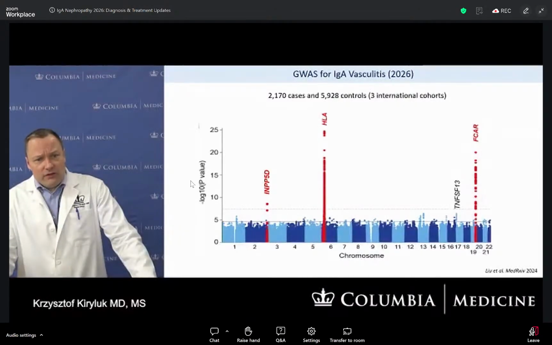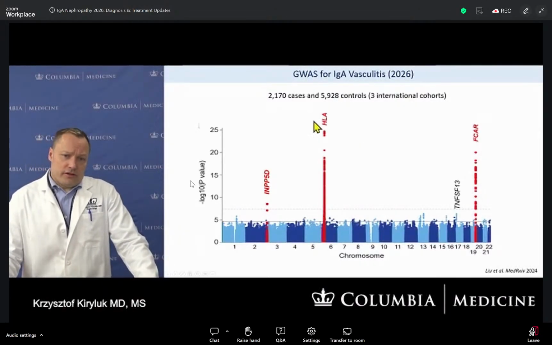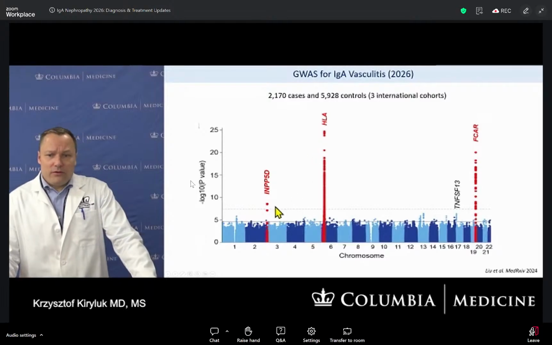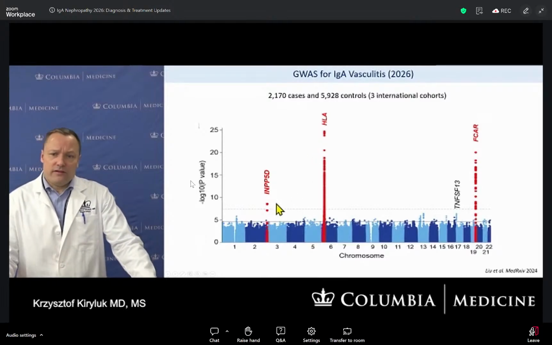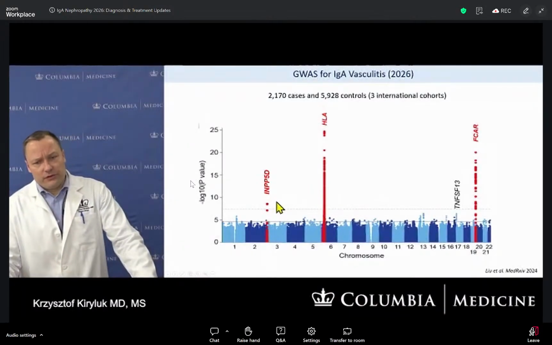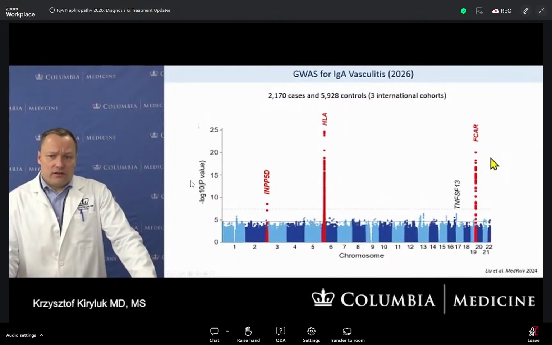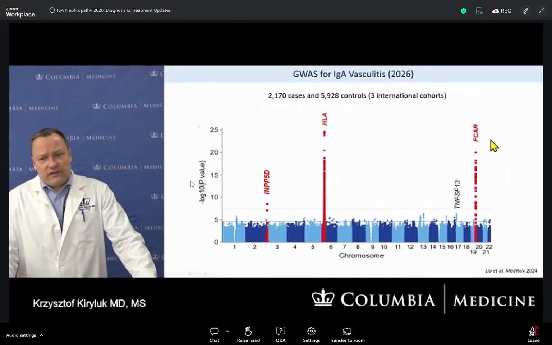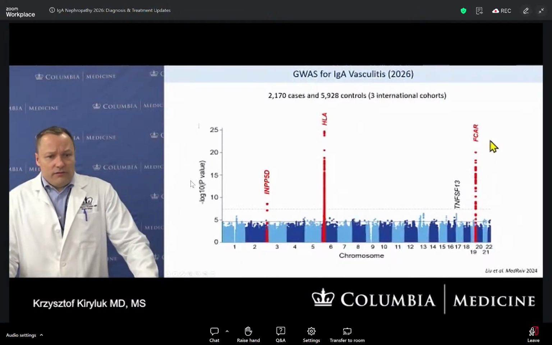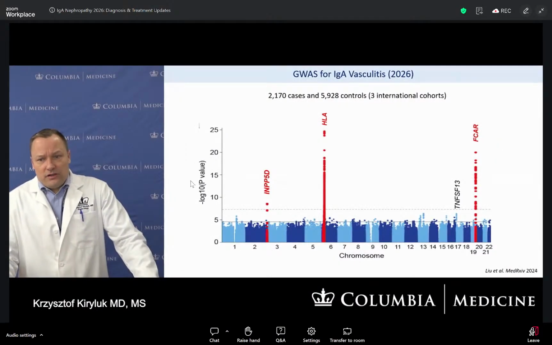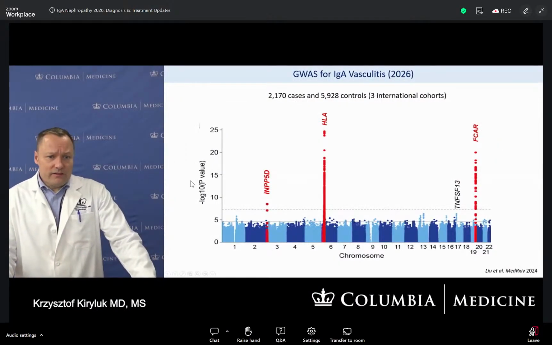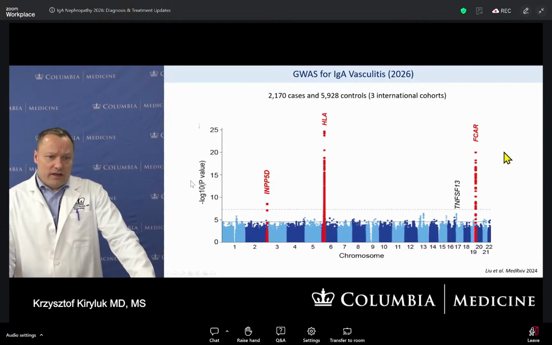And we observed also a very strong contribution of HLA, but we also now see a slightly different landscape of signals compared to IgA nephropathy, with a prominent signal in FCAR, which is an Fc alpha receptor. It's a receptor for IgA on myeloid cells. And INPP5D, which is actually a molecule that modulates FCAR signaling in myeloid cells.